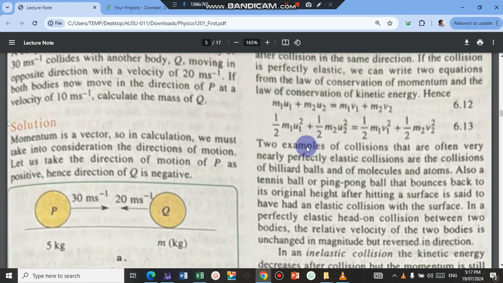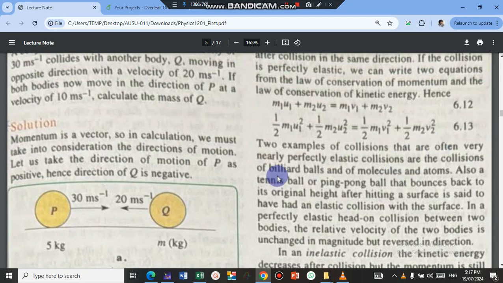Now, they say two examples of collisions that are often very nearly perfectly elastic collisions are the collisions of billiard balls and of molecules and atoms.